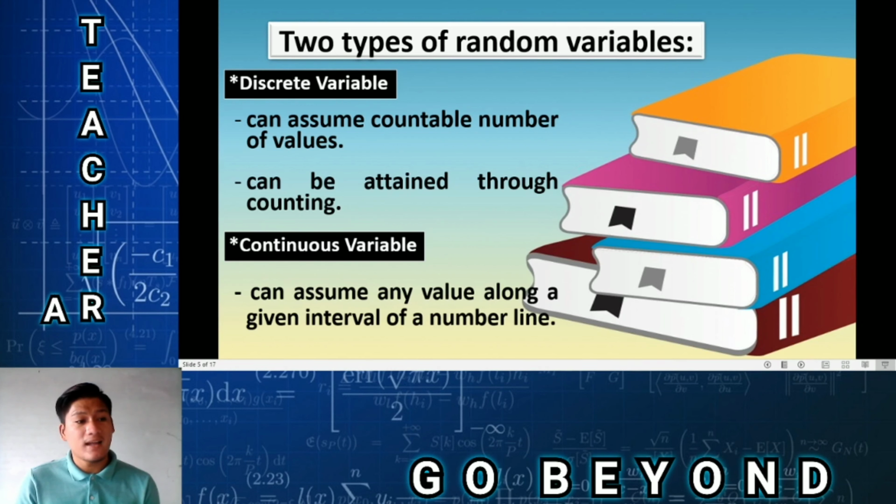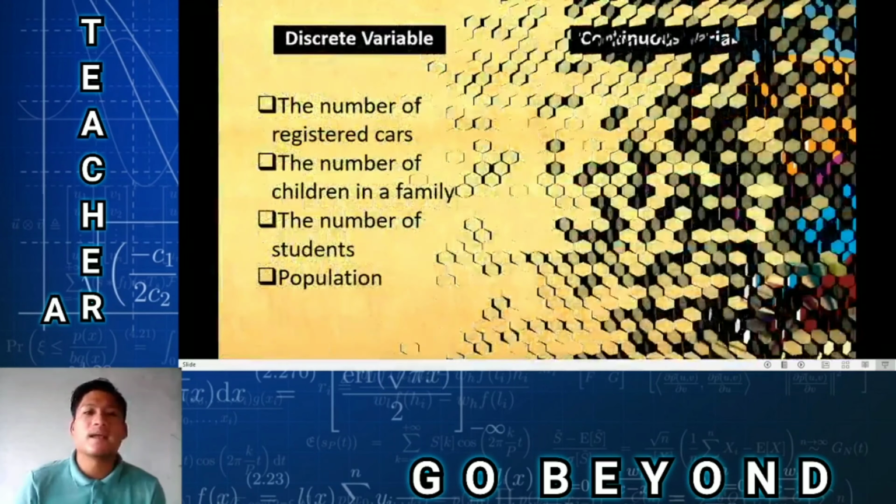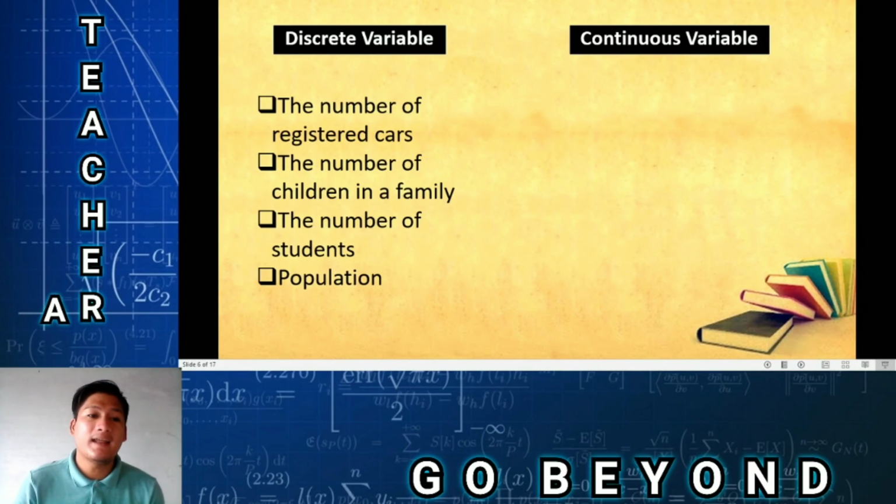So, to understand this more, let's try to have some examples of discrete and continuous variables. Okay, so let's start with the discrete variable. Again, when we say discrete variable, these are variables that can only be attained through counting. Example, the number of registered cars, the number of children in a family, the number of students, the population.